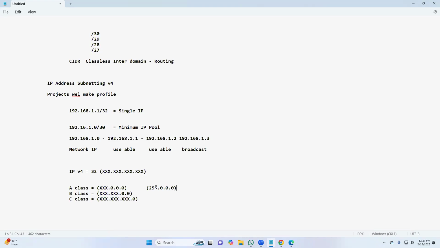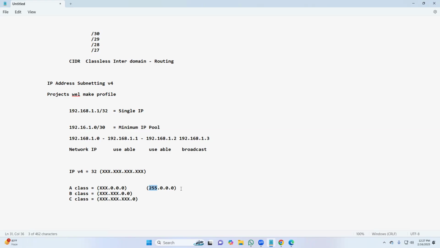And this is the maximum capacity of this octet. So this is the fixed part. This triple X means 255.255.255. It means you can't go beyond 255.